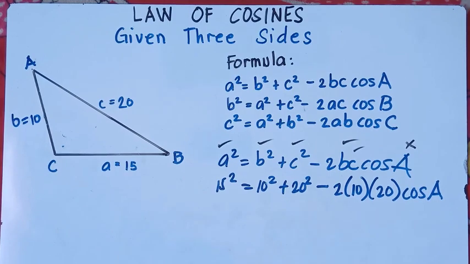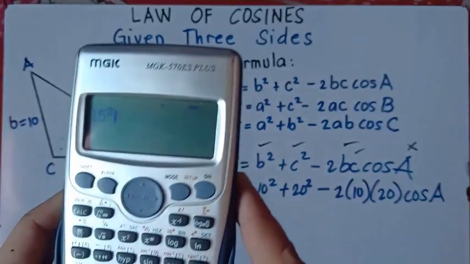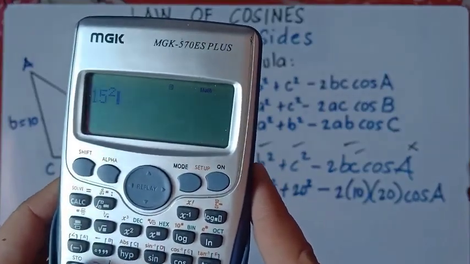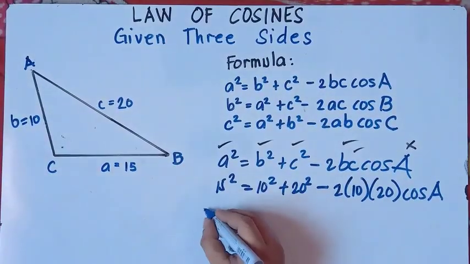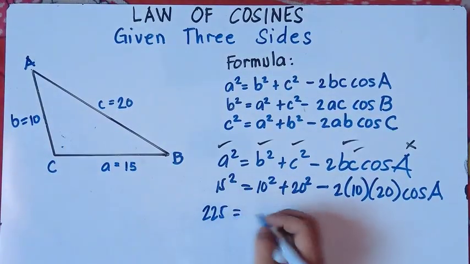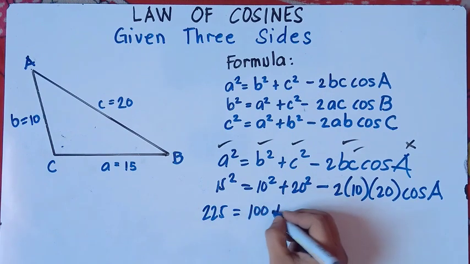Alright, so for 15 squared we can use the calculator, which has a squared key. So you have 225. So 225 equals 10 squared, which means 10 times 10, so this will be 100, plus 20 squared.